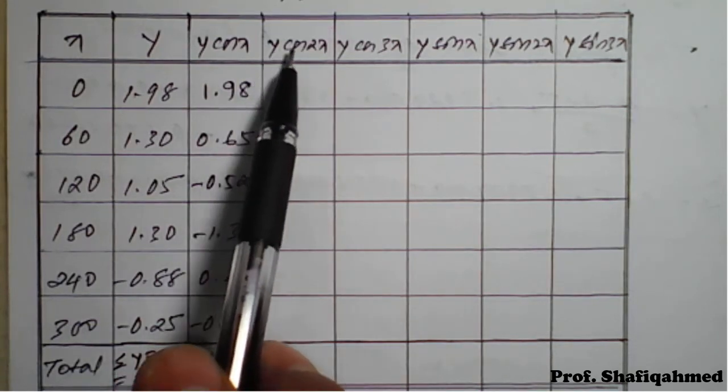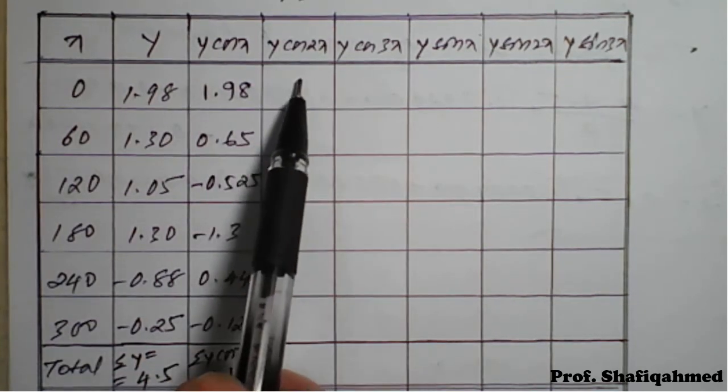Similarly we need to type y cos 2x in the calculator and get the values here.